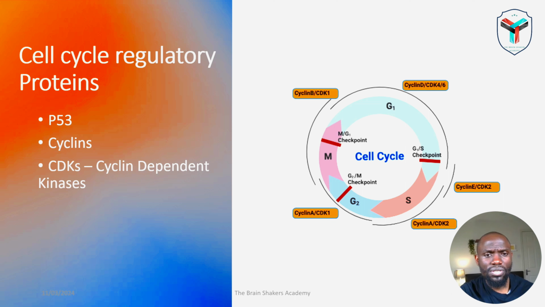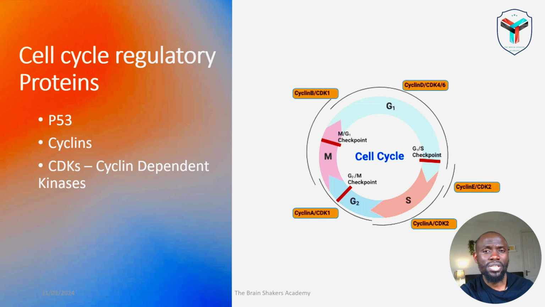Then you have the third type of proteins, which is the cyclin-dependent kinases. The cyclin-dependent kinases are another important group of proteins that have the capacity to activate other enzymes and proteins by binding to cyclins.